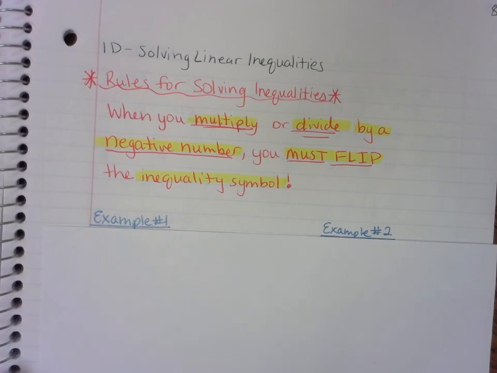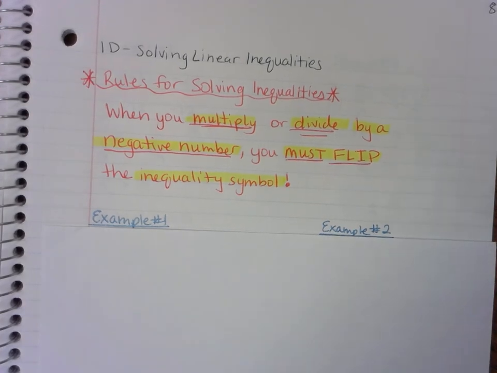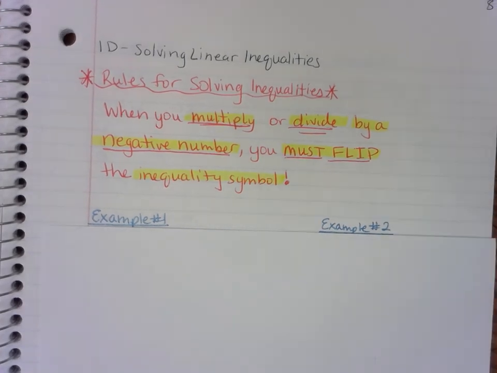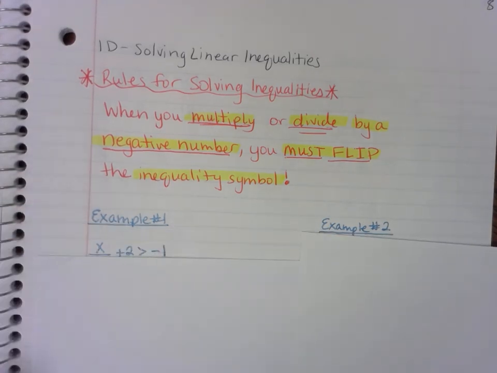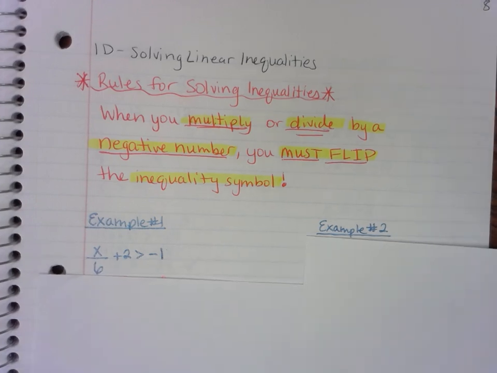The first example is a two-step problem where we look at what happens to the inequality. So our problem is x divided by 6 plus 2 is greater than negative 1. The first thing we want to do is subtract 2 from both sides.